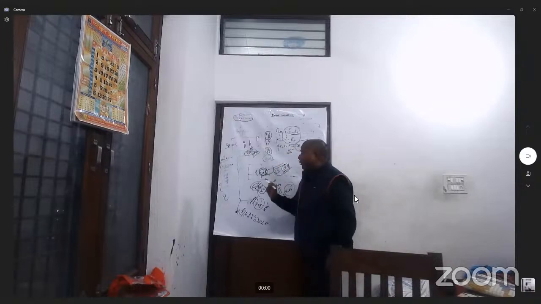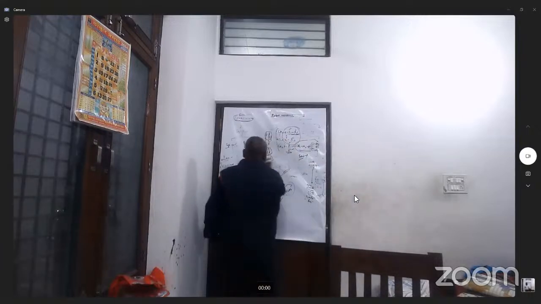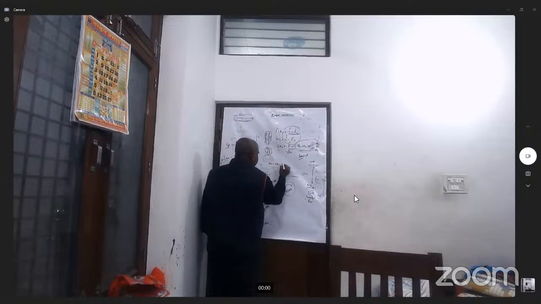Second is sphingolipids. In this case you can see CHNH and CH2O.